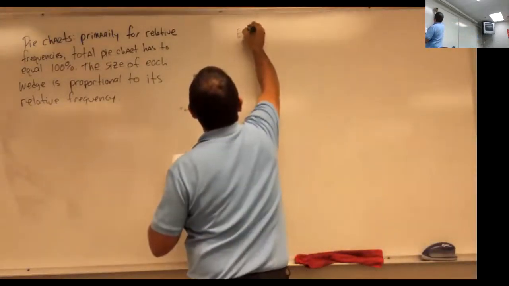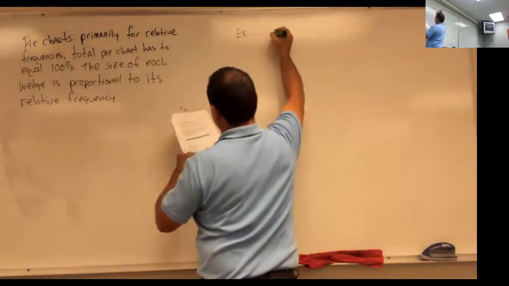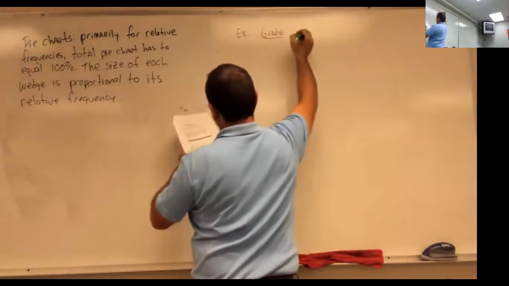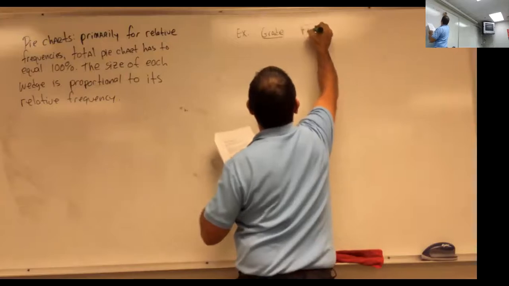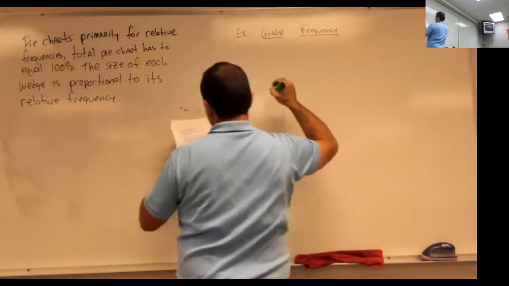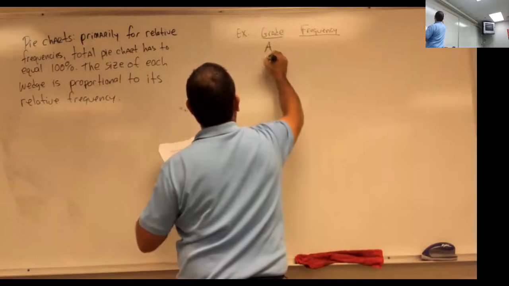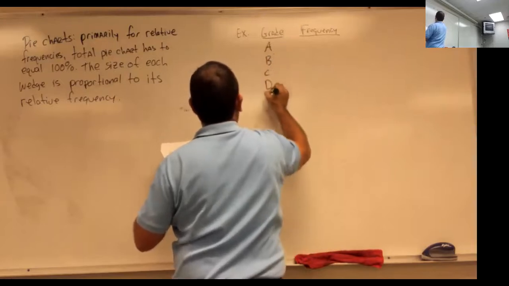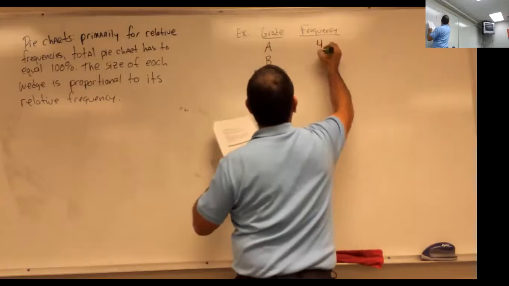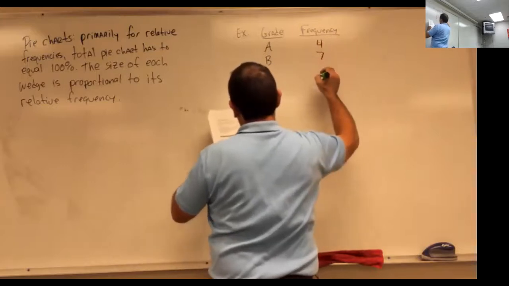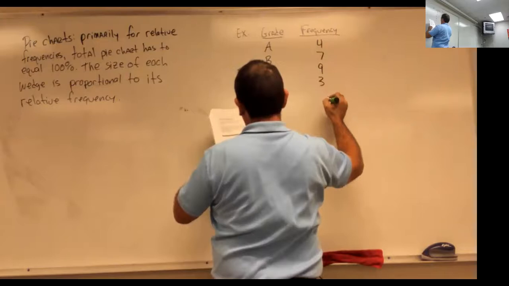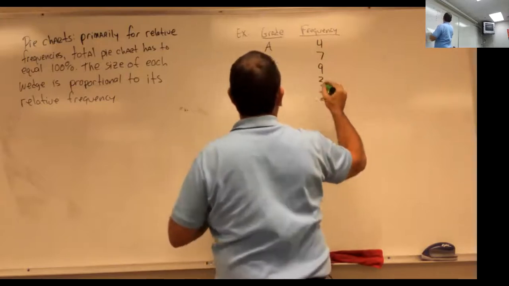So, pie chart example. They got data here with the grade and frequency. So A, B, C, D, F. And I got 4, 7, 9, 3, and 2.